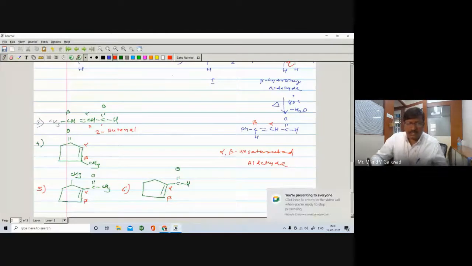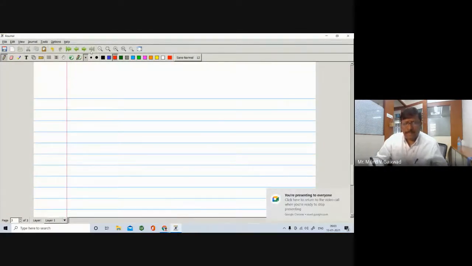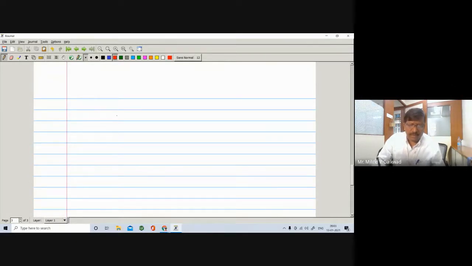Now let us take the next example, under category 1. We have taken this example, and now under this category we will take all the examples. Here is such a type of example.